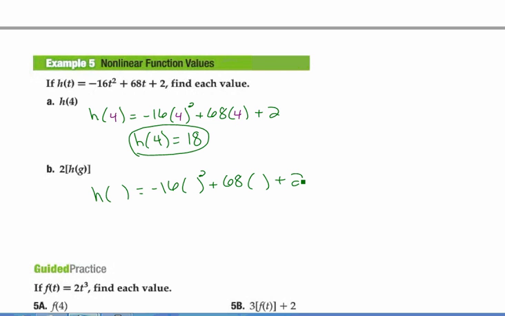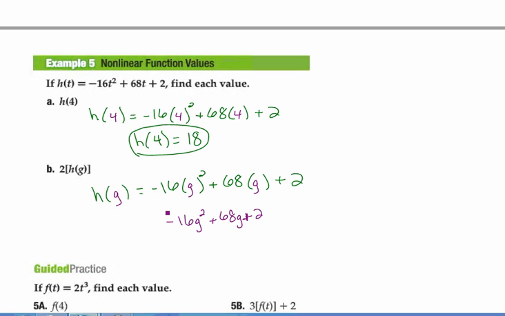And then I'm just going to do what I'm told. Okay, it tells me that I'm supposed to plug in a g there. Okay. Can I put that into a calculator? No, that's dealing with a variable. So I know that this is negative 16g squared plus 68g plus 2. What did I do? All I did was I changed my t's to g's.